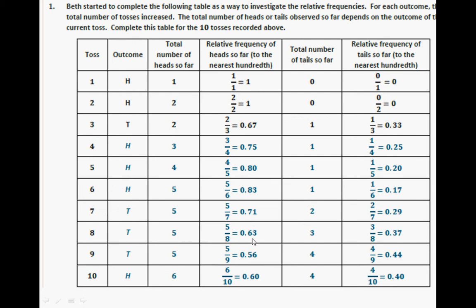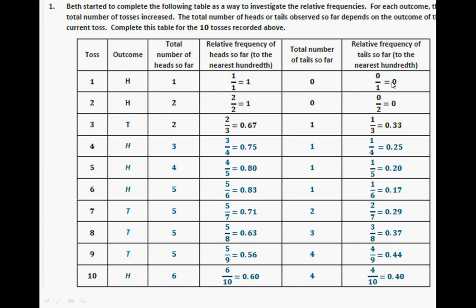Then 5 out of 8, so now notice that our probability is going down. And 5 out of 9, our probability goes down again. Then we do 6 out of 10, our probability goes up. And we keep doing this. So for the 10 tosses, they did the same thing here for tails.